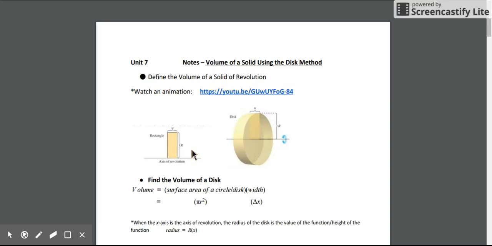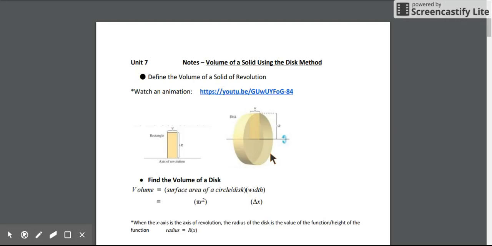So the most basic form is that we have a rectangle. It has a height, which is equal to the output of our function or the value of the function. And it has a width equal to the change in the x values. And if we spin that rectangle 360 degrees about the x-axis, it creates this cylindrical shape called a disk.